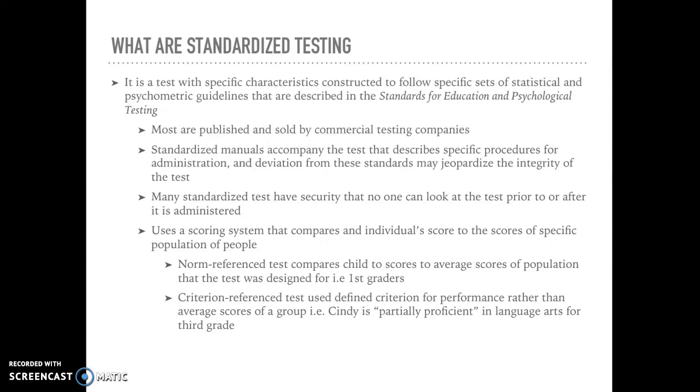There's also the criterion-referenced test, which uses defined criteria for performance rather than average scores of a group. For example, Cindy is partially proficient in language arts for the third grade. So these are some of the things that it measures and how it measures them.